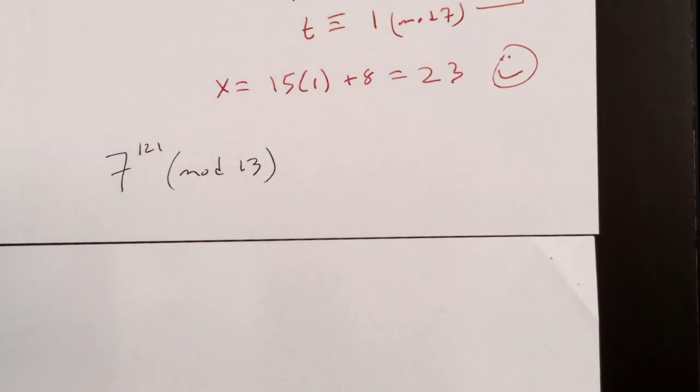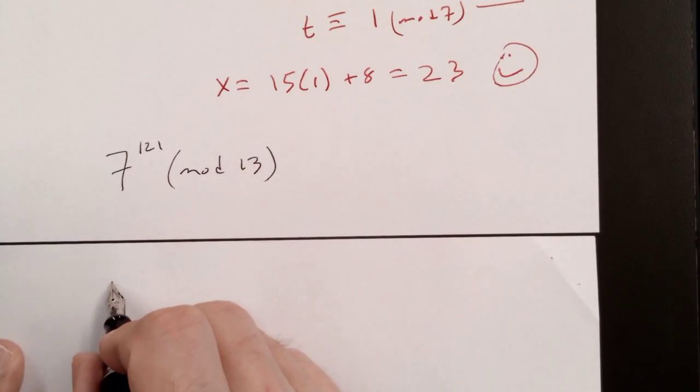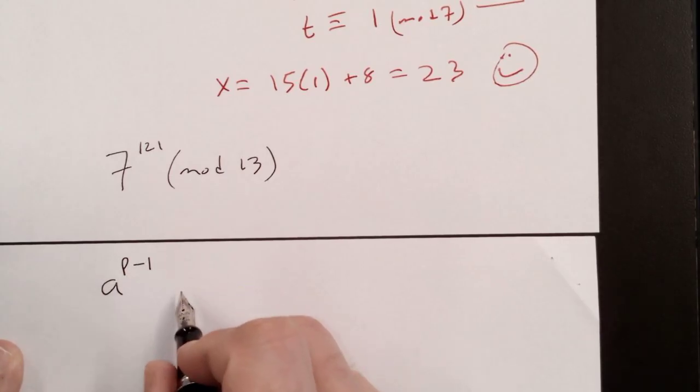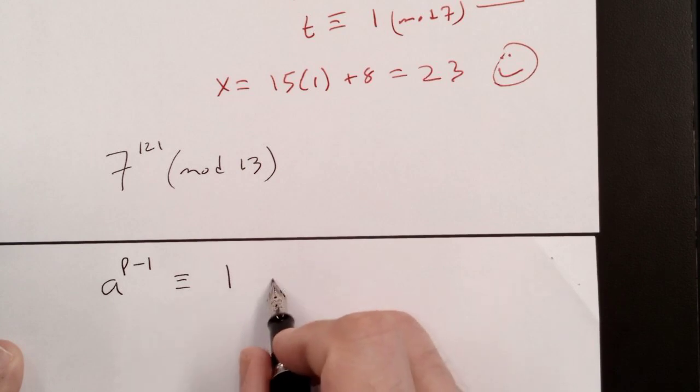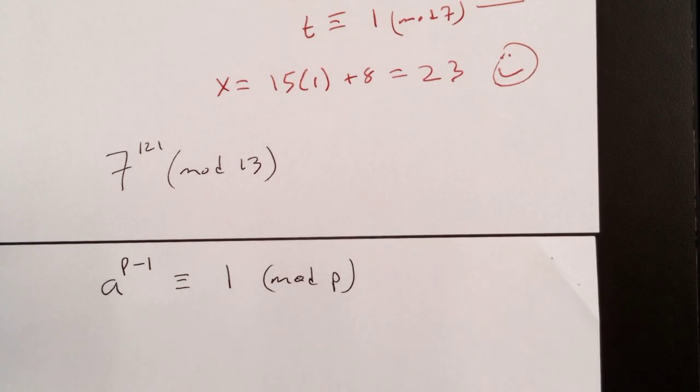Fermat said, when you're using a prime and you do a number to a power, the result, if your power is p minus 1, is always 1.